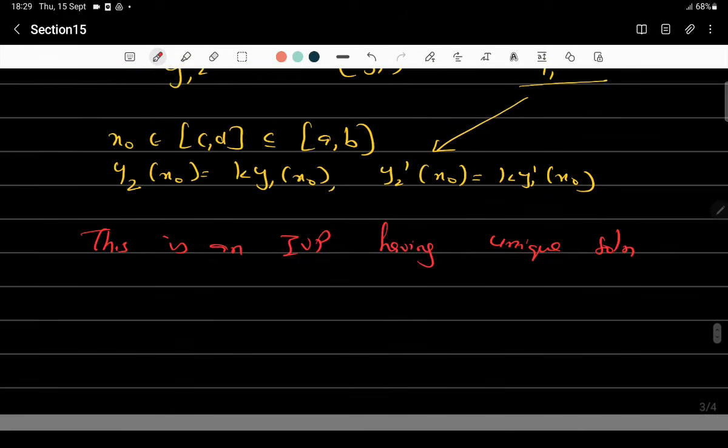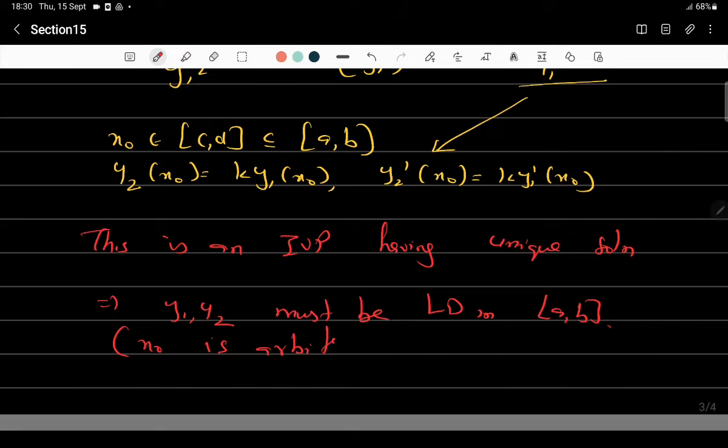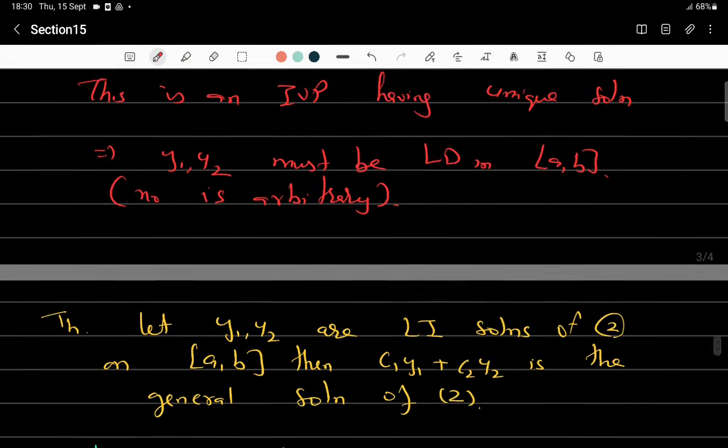Since the solution is unique, y1 and y2 cannot be distinct, and therefore y1 and y2 must be LD in the closed interval AB. And why is it LD in the closed interval AB? Because x0 is arbitrary, so it is true for any point that belongs to AB. A little bit difficult proof, but once you go through it, things would be clear.